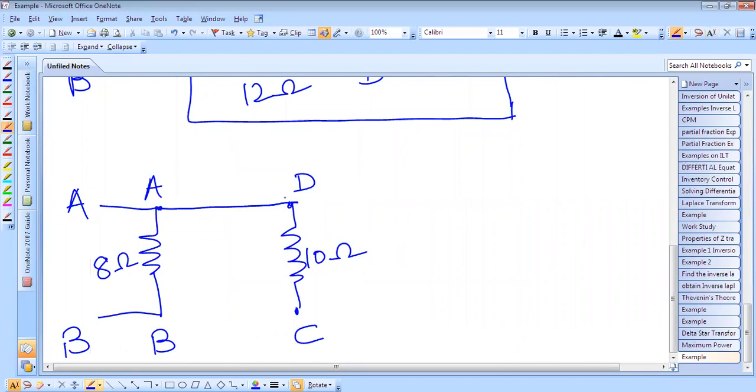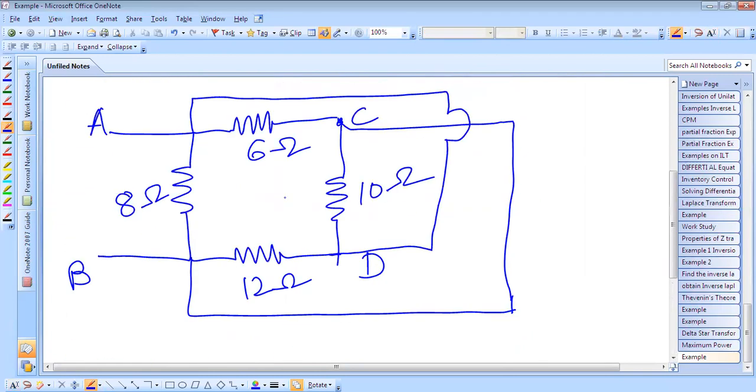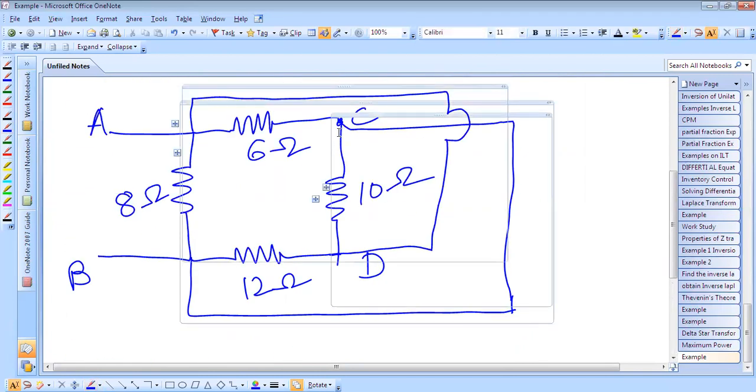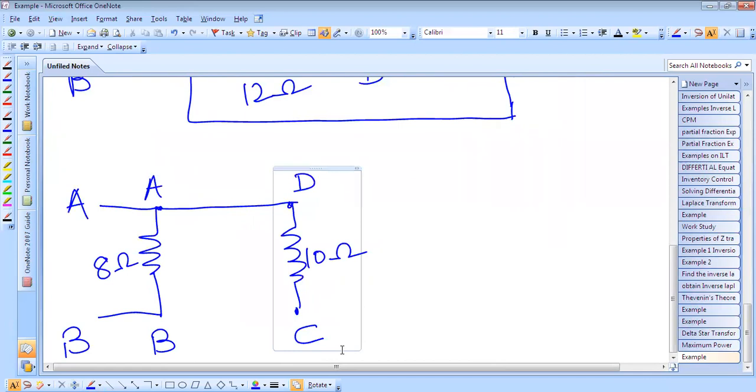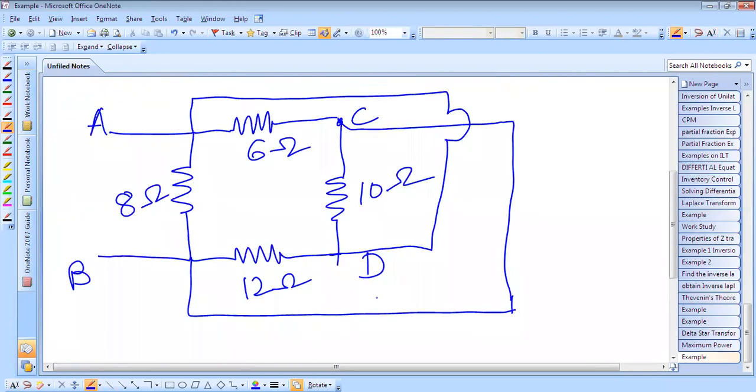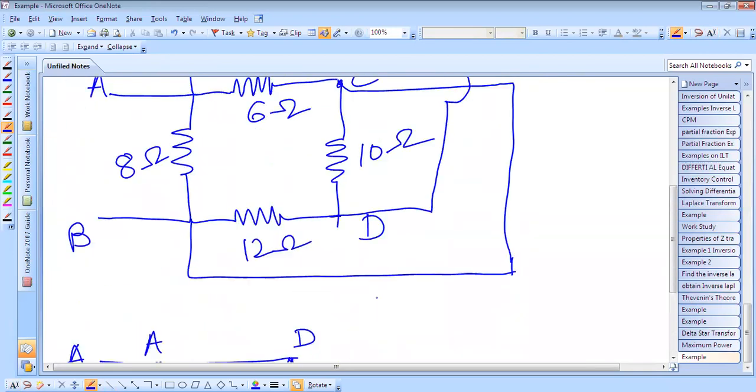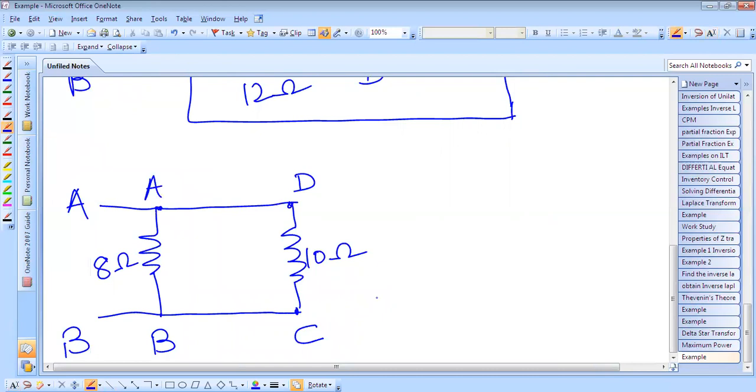Similarly, between C and B there is also a short line. So now the remaining resistances are there: the 10 ohm, the 6 ohm, and this is a 12 ohm resistance.